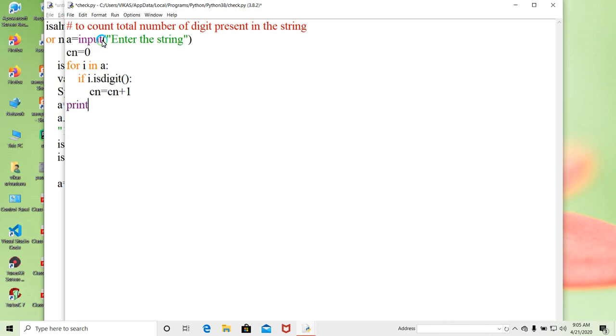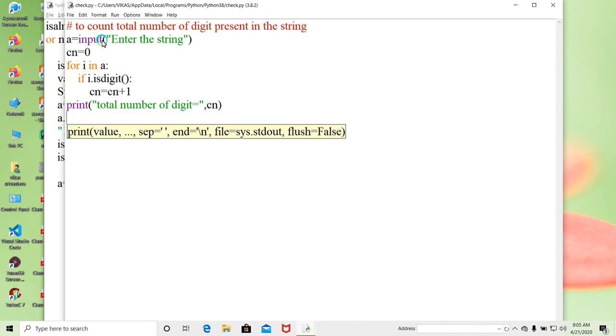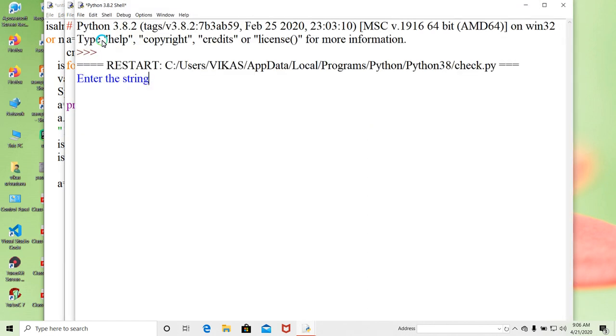I will print here the total number of digits, comma Cn. F5, and here we write, because it was teaching class 12 Python. Here in this sentence, how many digits are there?